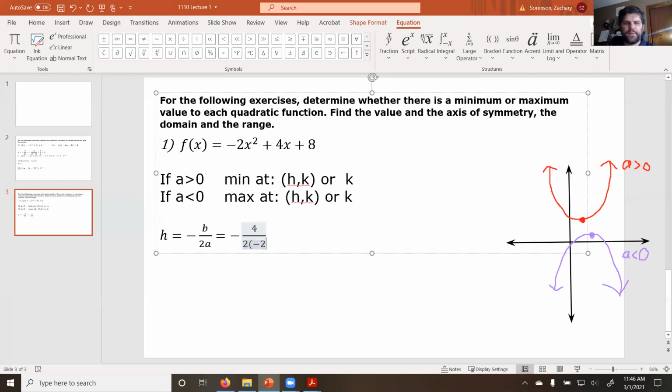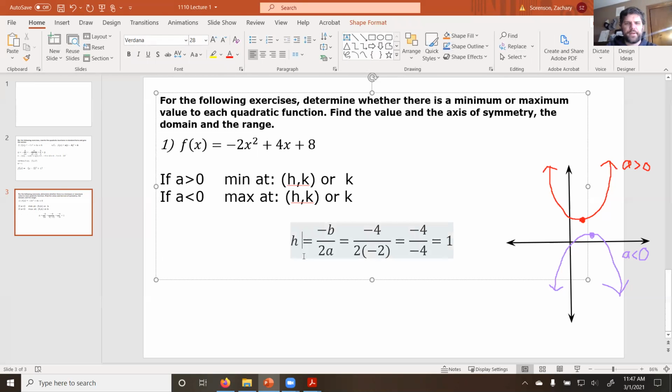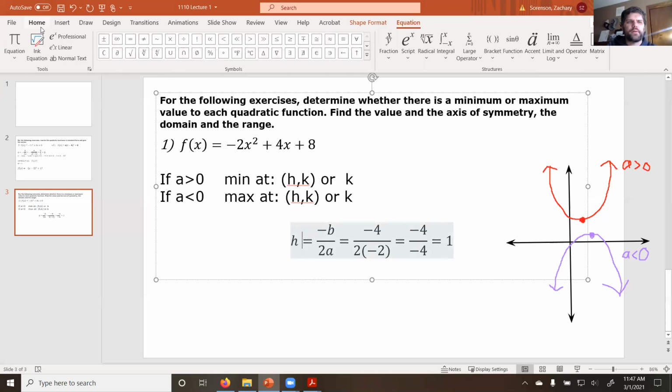Negative 2. For consistency's sake, it doesn't really matter if my negative is in front of my fraction or on top, but I think my video has it on top, so let's just do that. Cool. And so then I have negative 4 over negative 4, which is just 1. Not too bad. Don't have any weird fractions flying around.